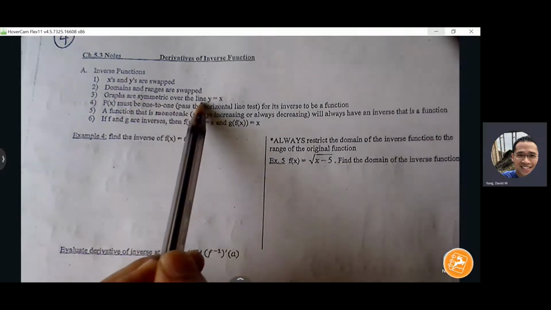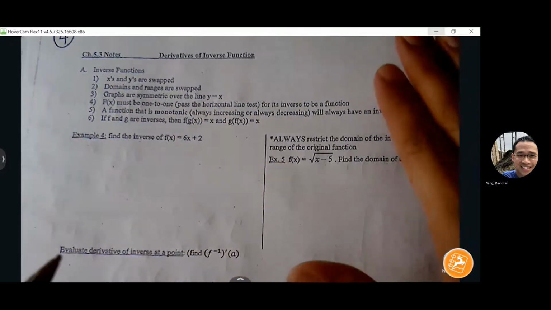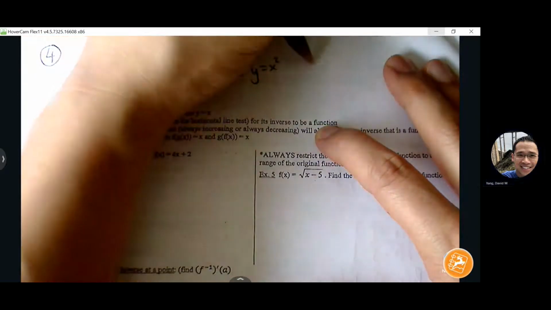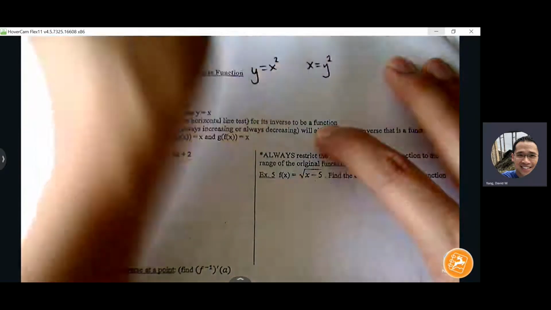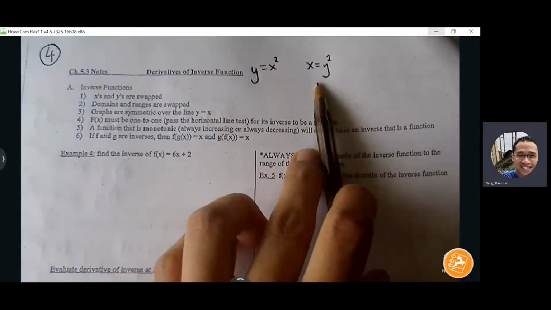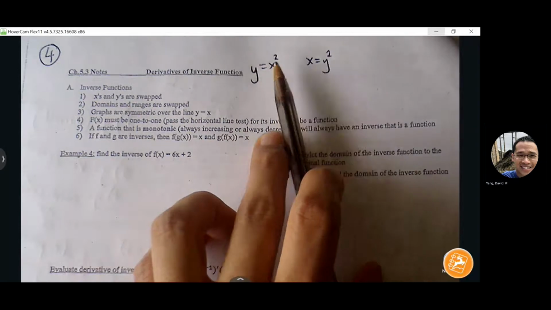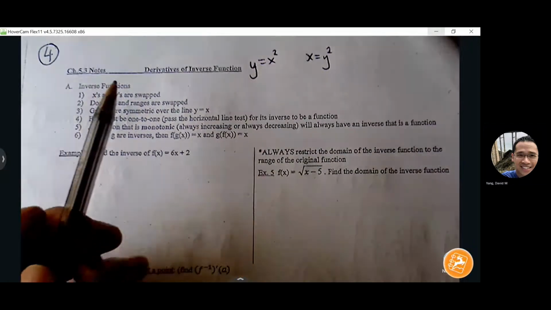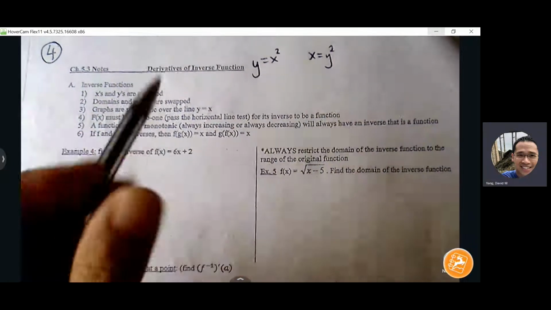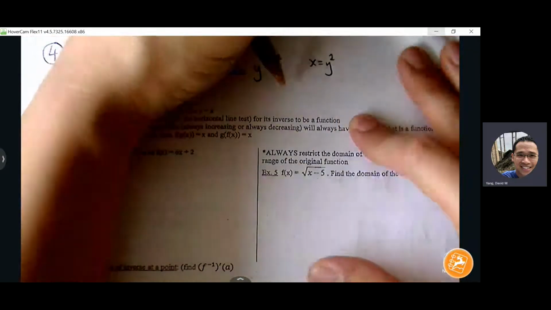Graphs are symmetric over the line y equals x. So for instance, if I have y equals x squared and x equals y squared, these are inverse functions, right? If I replace the x in terms of y, right, and the graphs will look a little differently.